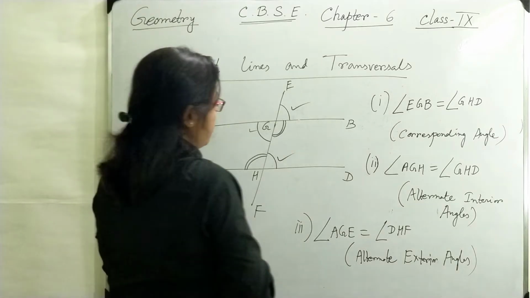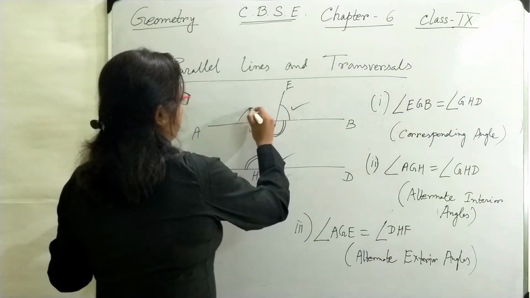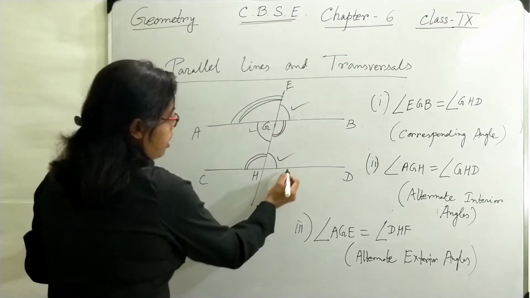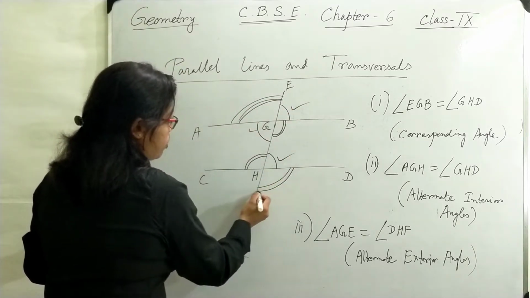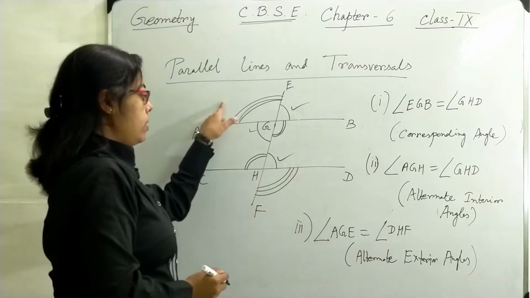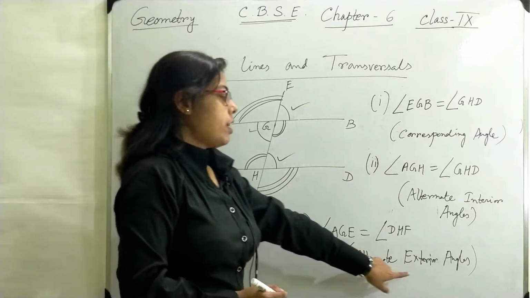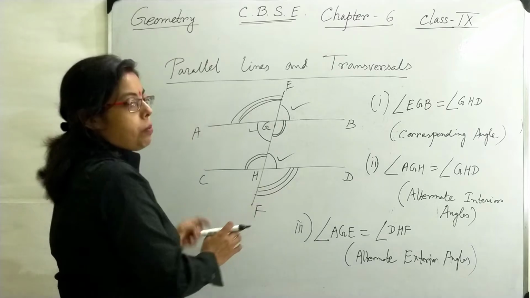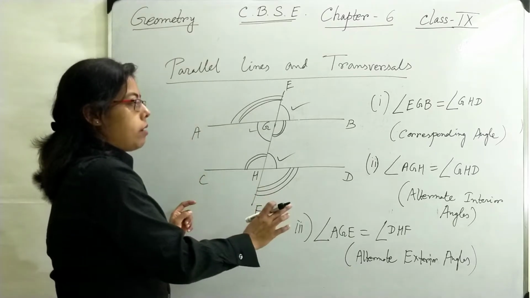Clear? And this outside angle, AGE, equals this one, DHF. These are known as alternate exterior angles. I am giving an example of only one of these pairs, and there are so many angles.